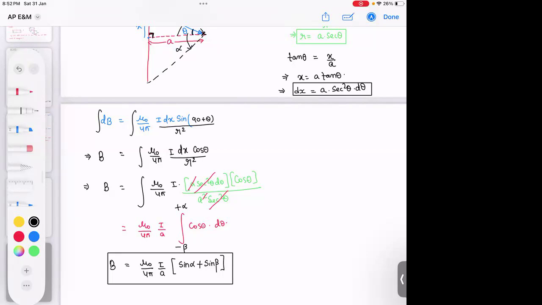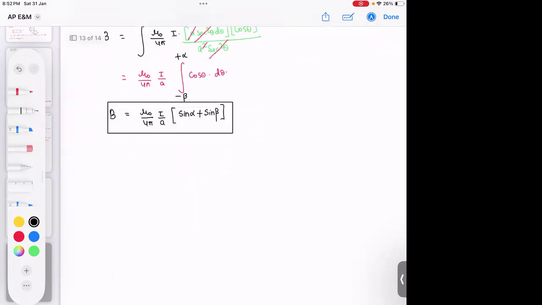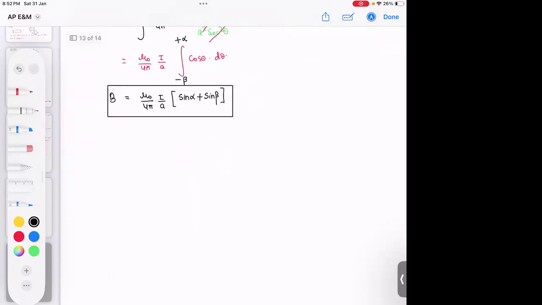Please tell me, clear this one? Now, what are the special cases we have? The special cases we have are like an infinite wire or a very long wire, an infinite conductor, or sometimes they will use the words long straight conductor.